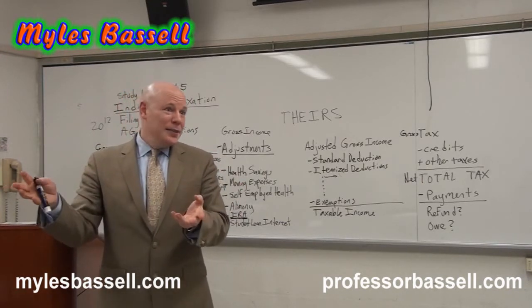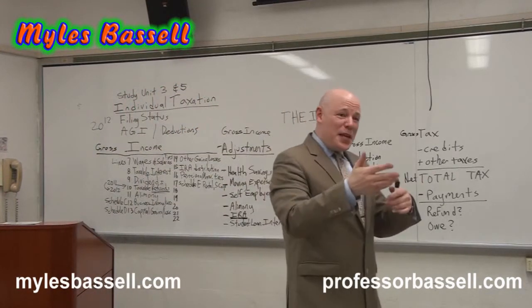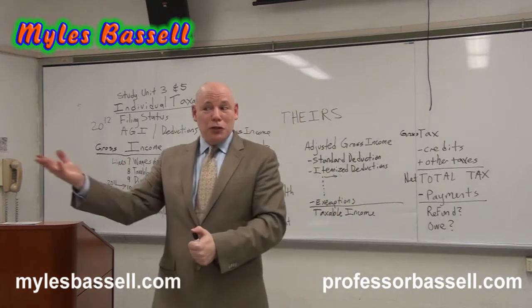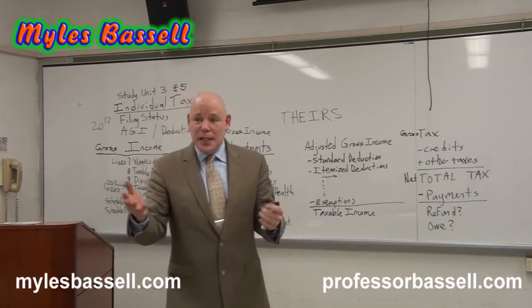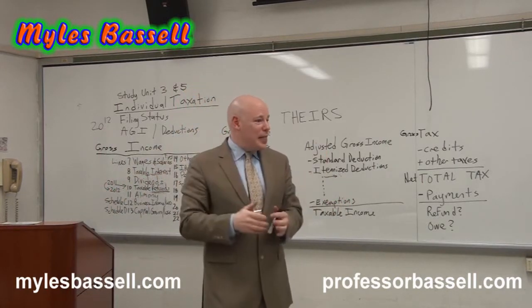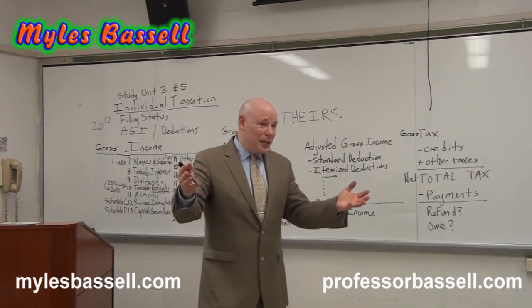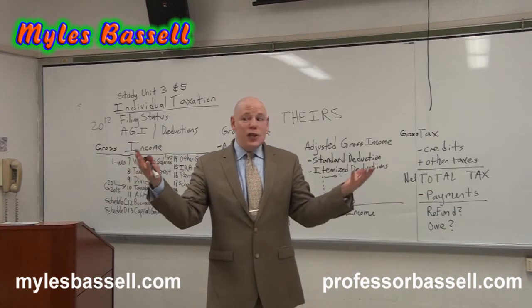Is it crazy? It's a little crazy, but this is the norm. This is absolutely the norm. This is the way it's been for decades. General Motors, double taxation. Merck Pharmaceuticals, double taxation. Any of these big companies that you could name, there's double taxation.